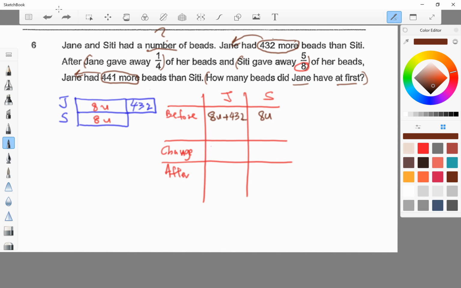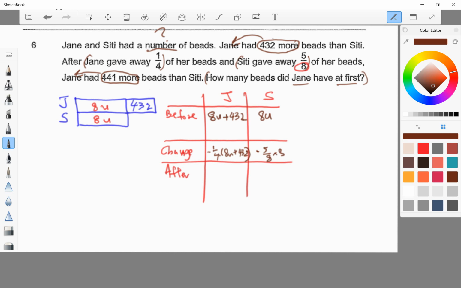So let me say this again. Subtract away 1/4 of 8 units plus 432, and for Siti, she gave away 5 out of 8 of 8 units.